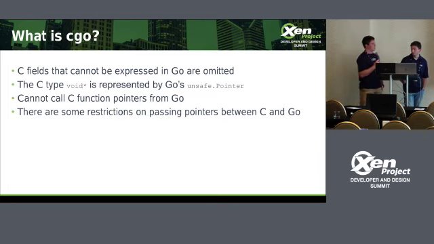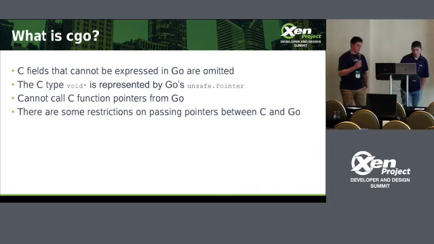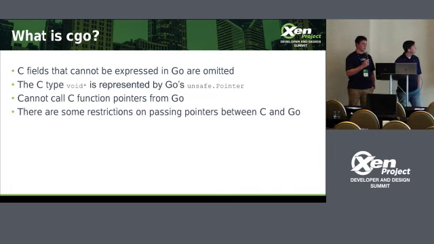And if you want to work with an arbitrary pointer type, you need to tell the Go compiler using an unsafe.Pointer that you are acknowledging you want to break the Go type system and do that anyways. You can't call C function pointers from Go, but you can store them in a Go struct. They can be shared between the two languages. They just can't be called.